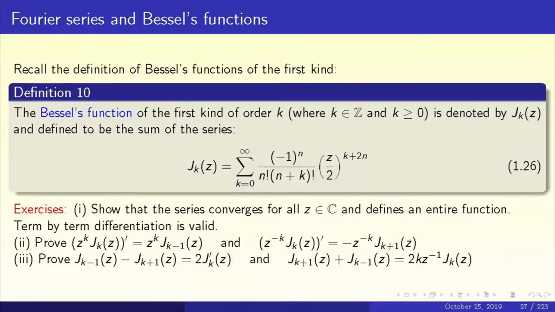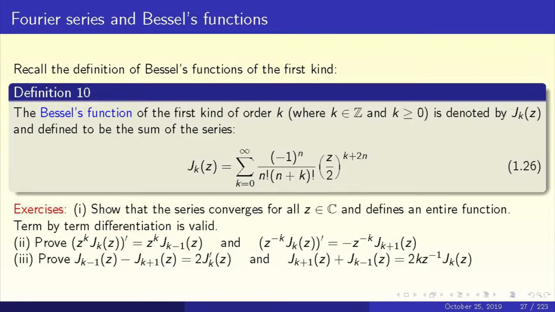To understand what is J_k(0), let us go back to the definition of J_k. In equation 1.26, you put z equal to 0. What do you get? You get 0 provided k is 1, 2, 3, etc. If k is 0, 1.26 has a constant term, and that constant term is 1.